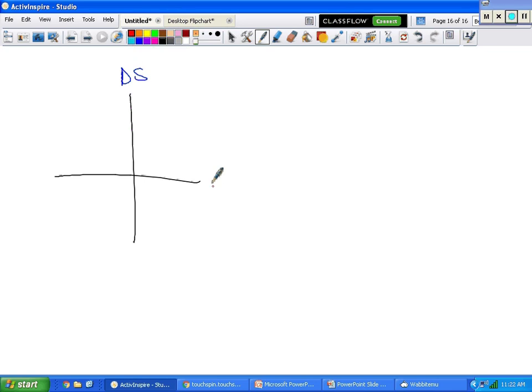If this were a 4-point plane, what is in quadrant 1? Nick? Positive, positive. Okay? All right, what about quadrant 2? Negative, positive. What'd you say? I have no clue what you're talking about.